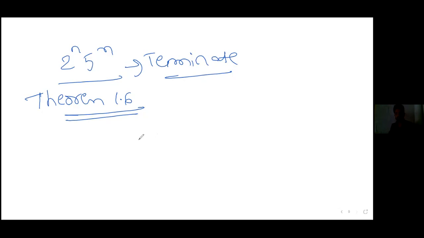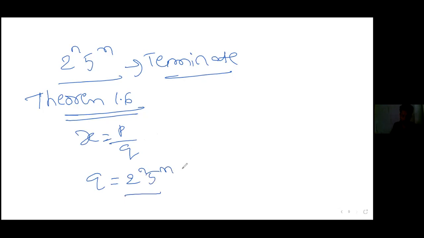So this is the same thing. So if x is equal to p by q, and q is of the form 2 to the power n into 5 to the power m, where n and m are non-negative integers, then its decimal expansion will surely terminate. That means that it ends.